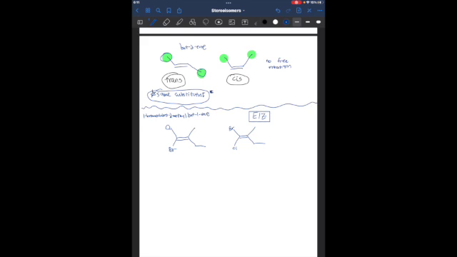And E-Z should always work with any isomers that have a double bond, including those that we can name with cis and trans. It's just that E-Z always works, cis and trans only sometimes works.